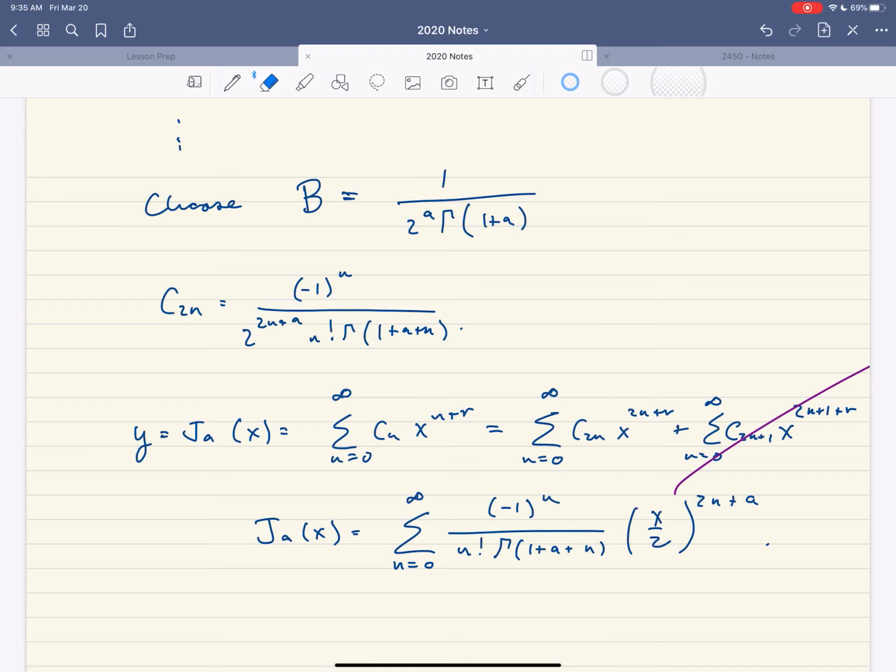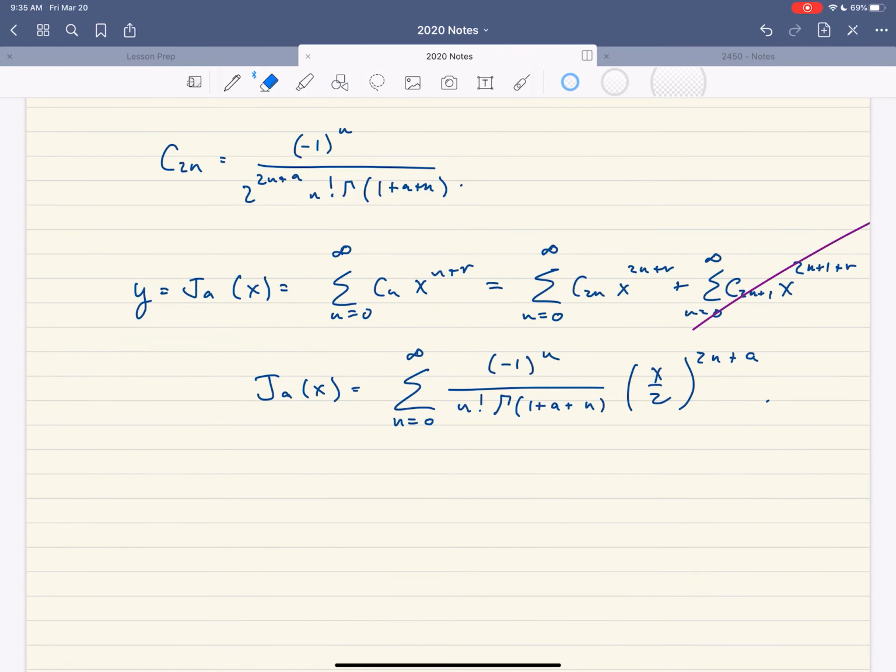Okay, and that's quite something. And so this is the Bessel function with the value a.